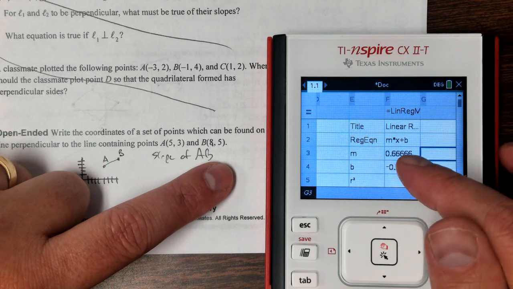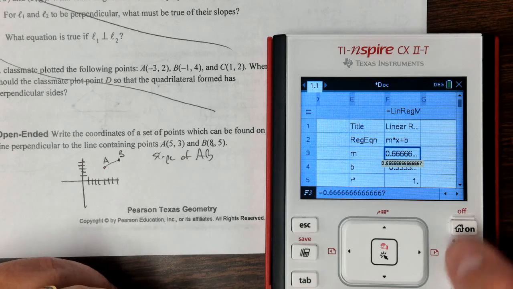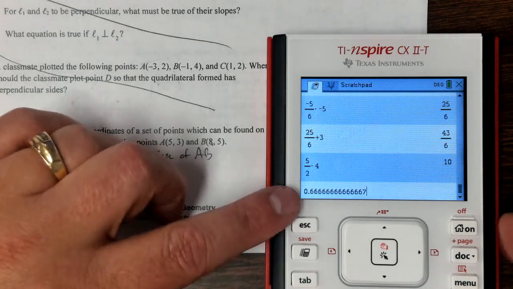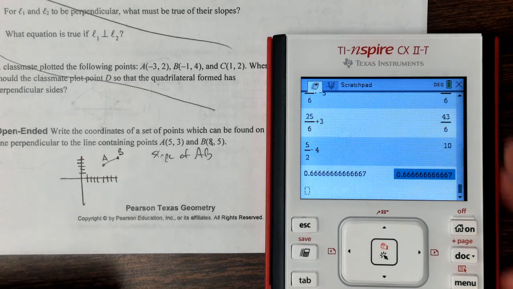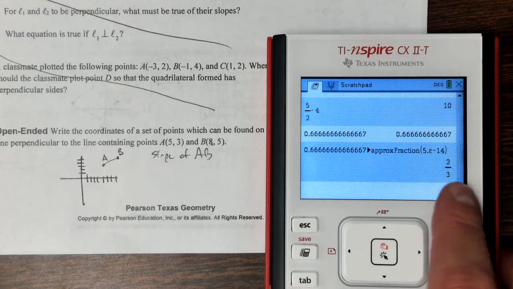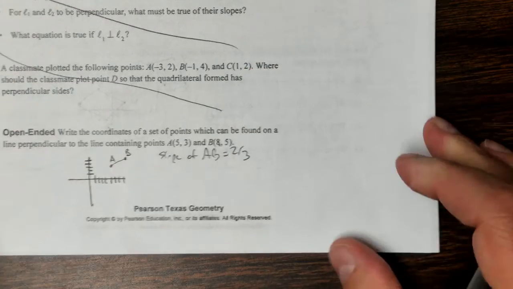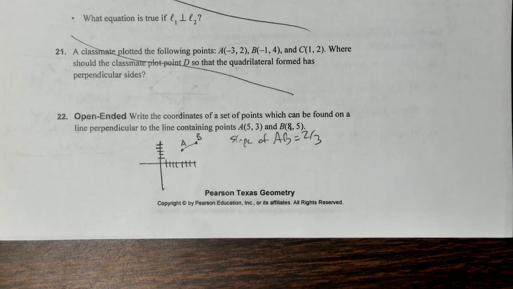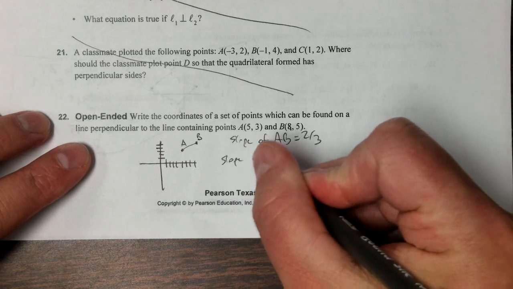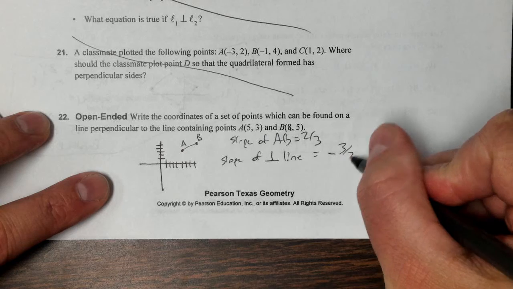Okay, so that gives you 0.6 repeating. Remember, you can hit Control-C to copy and Control-V to paste. I'm pasting it in my scratch pad. And press menu, number, fraction. You get 2/3. So if our original slope is 2/3, then your slope of the perpendicular line would have to be -3/2.